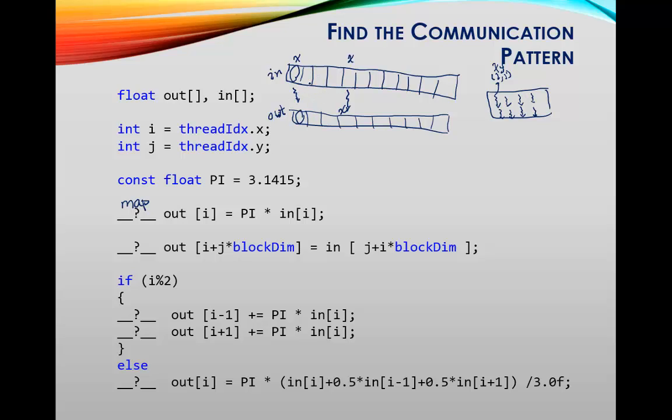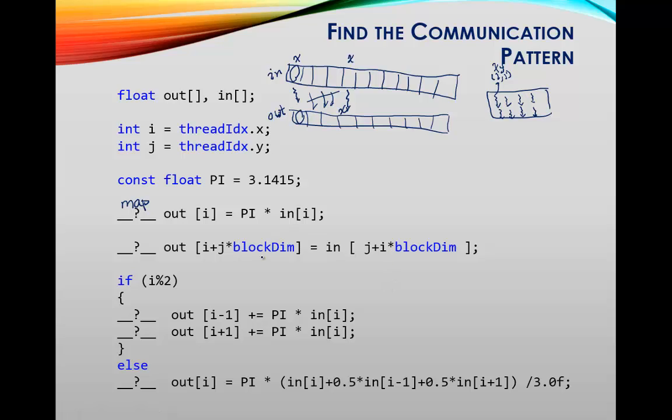We're not going to write anything into these elements in our first operation. So we just take the thread index x and write the element into the output at thread index x, just multiply it by 3.